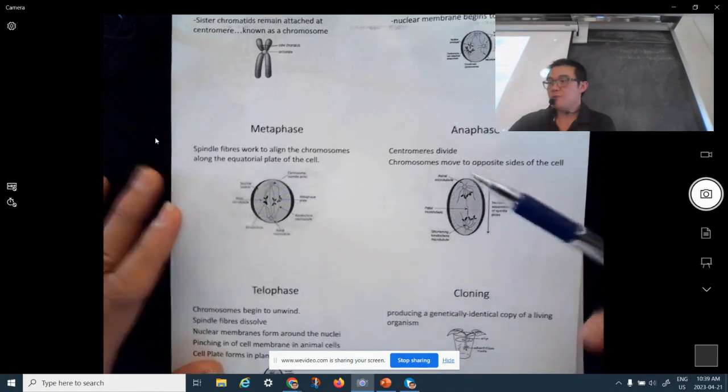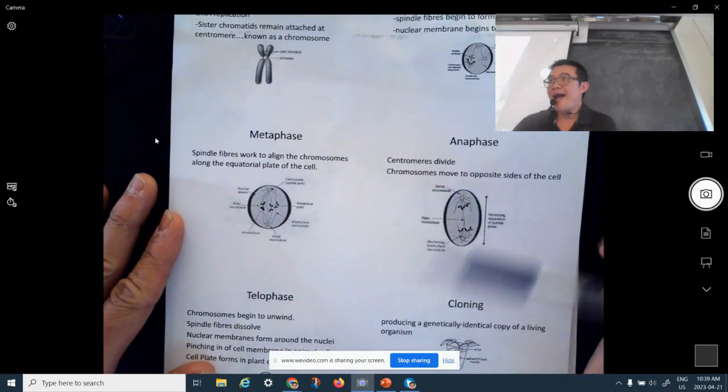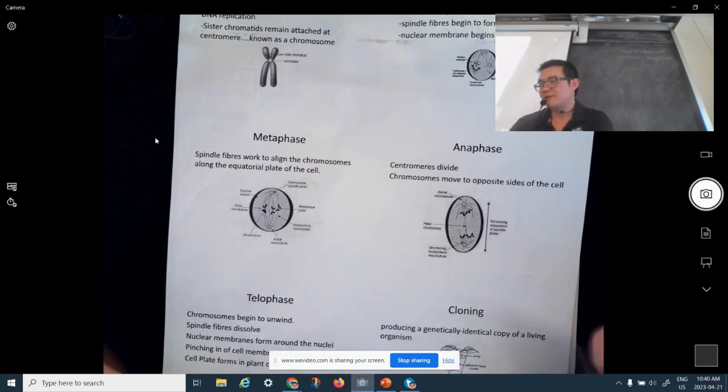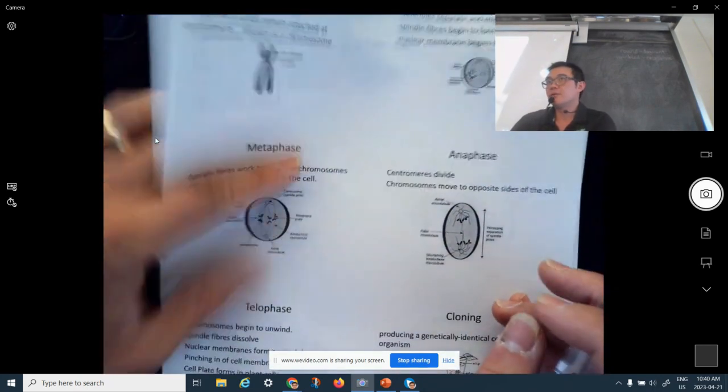Make sure you know what it looks like at which stage. If I remember correctly, last year there were multiple choice questions like, this is a picture of a cell, what stage is this cell in? And you have to pick the correct one.